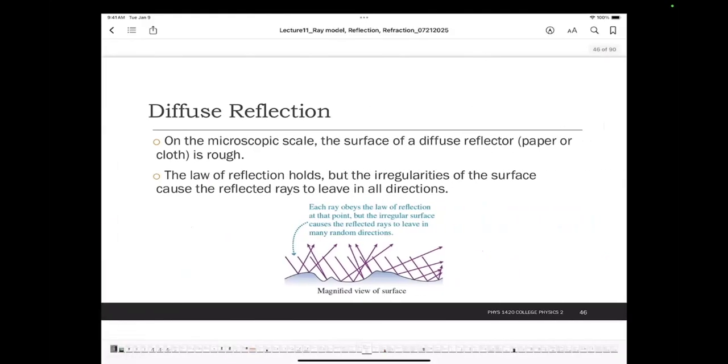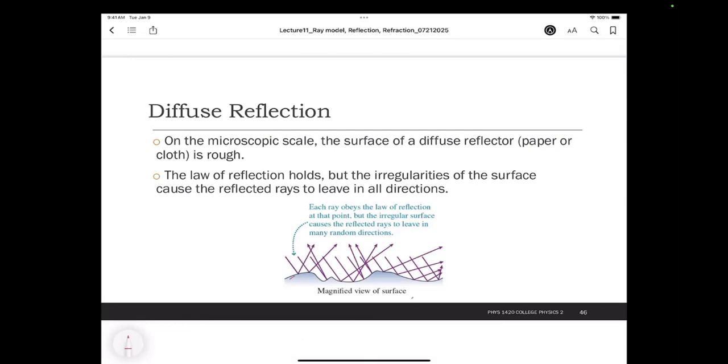Okay, let's talk about diffuse reflection. On the microscopic scale, the surface of a diffuse reflector, such as paper or cloth, is like this. This is a magnified view of the surface at a microscopic scale. The law of reflection holds, but the irregularities of the surface cause the reflected rays to leave in all directions.